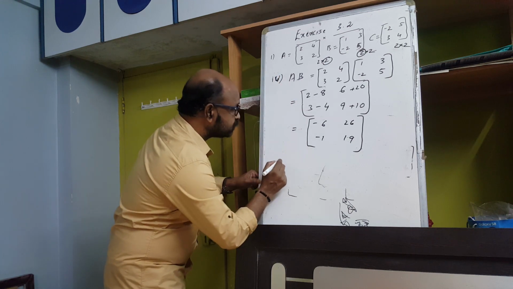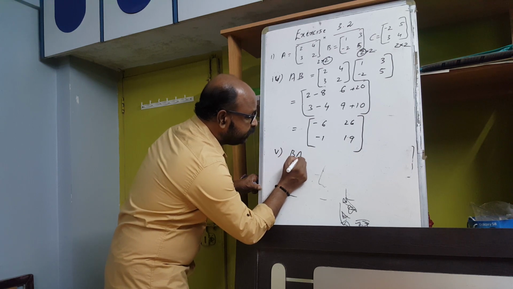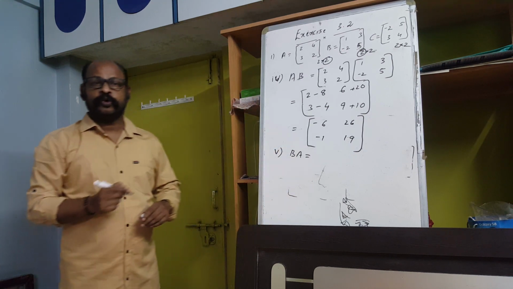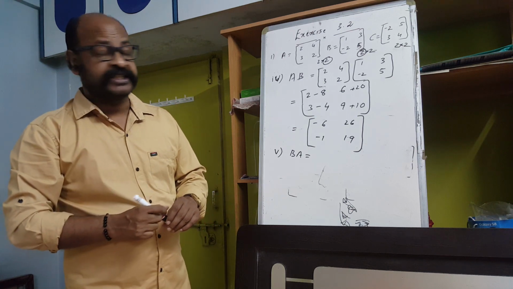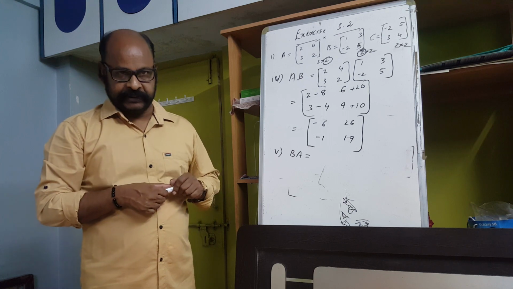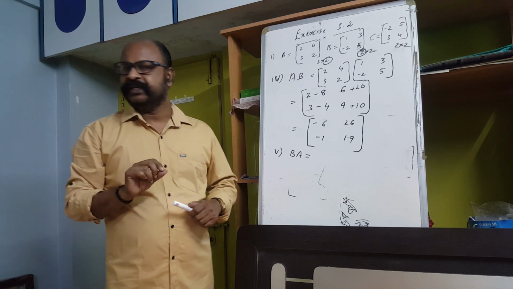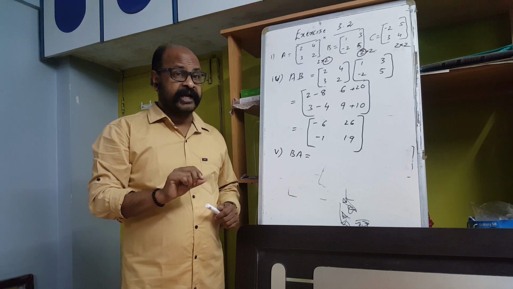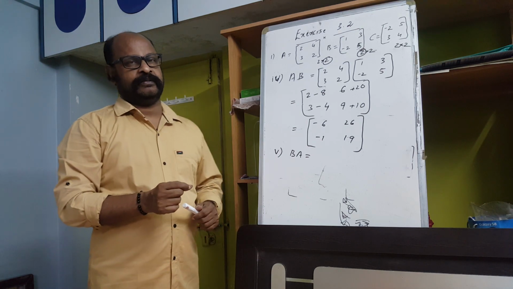Now, in the next part, we need the product BA. In the very definition of multiplication, we said matrix multiplication is not commutative. The meaning is, for two matrices A and B, it is not necessary that the products AB and BA are equal.